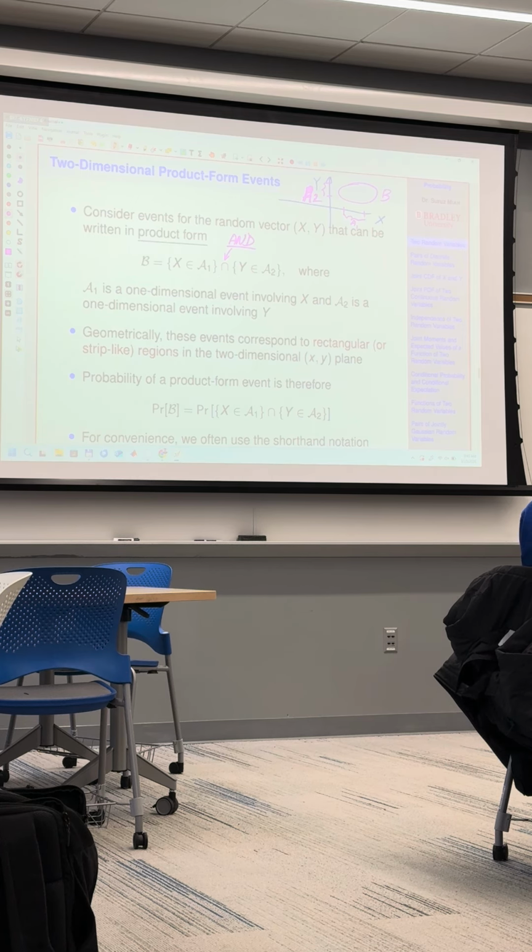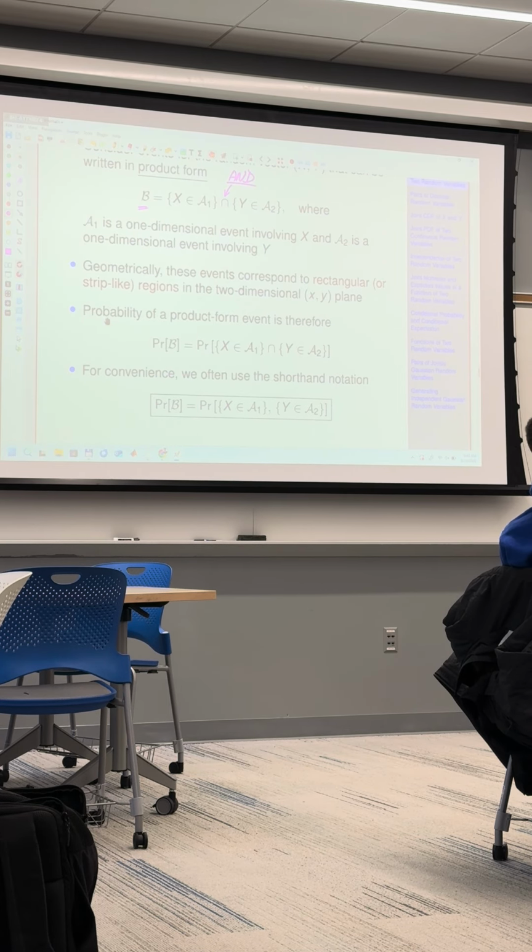So the event here is that random variable x can take any value from this set A1, and random variable y can take any value from this A2. Now the product form, you write it like that. So the probability that random variable x can take any value from A1, and y can take any value from A2.